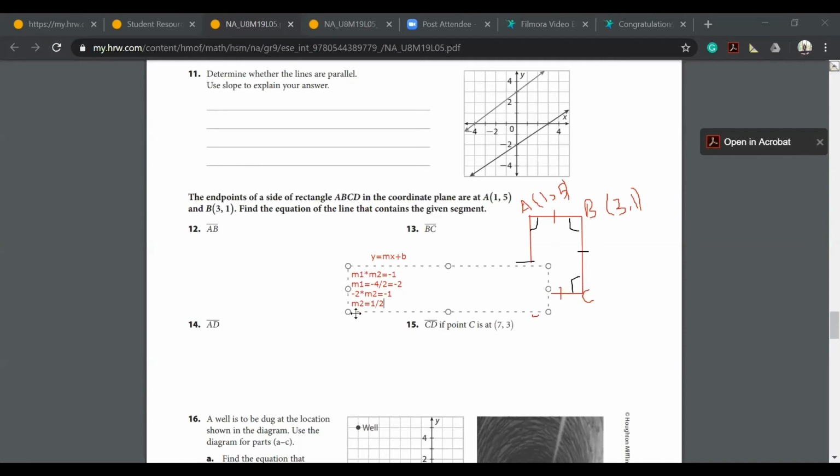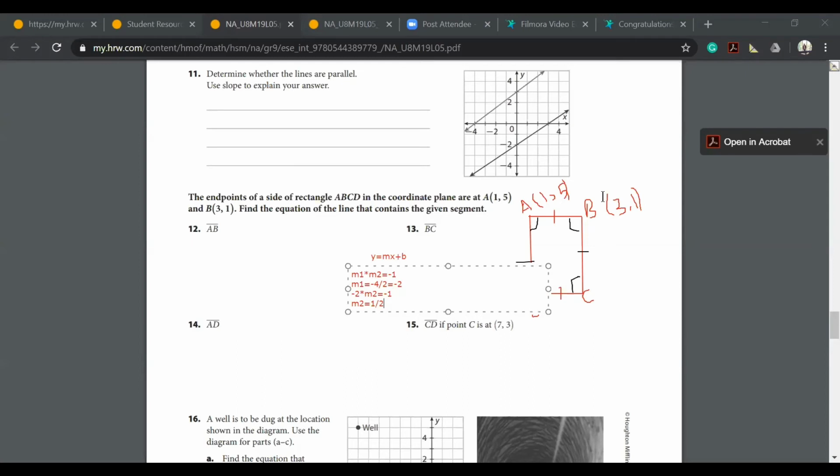We found m. How can I find b? If I know a point that passes through BC, and I substitute with x and y, I will be able to find b, right? Do you know any points? Actually, we don't know in this question any points except A and B. Does A pass through BC?